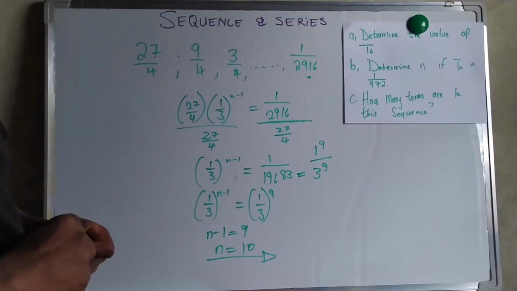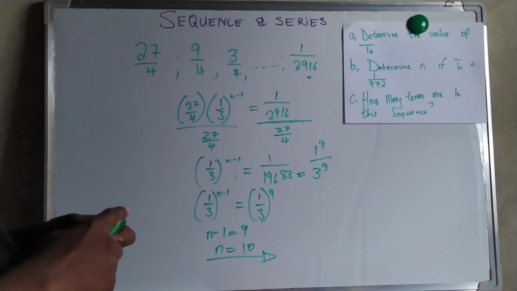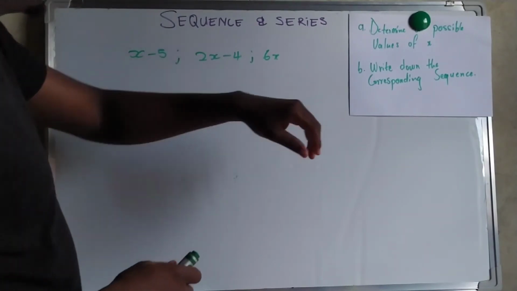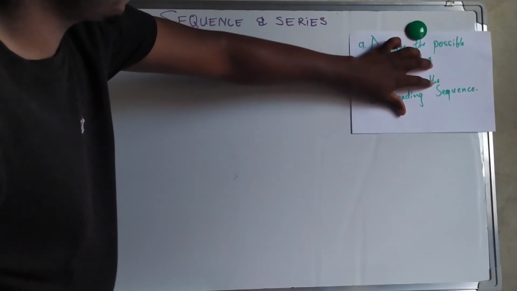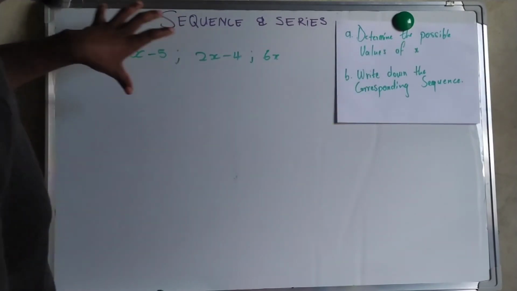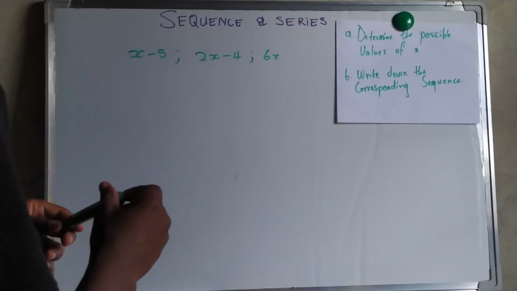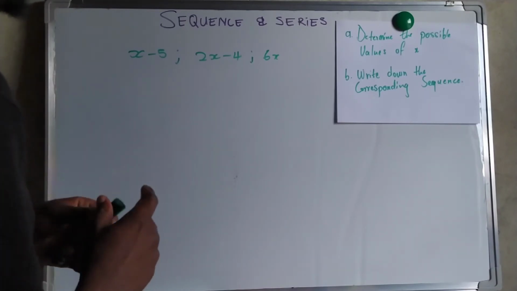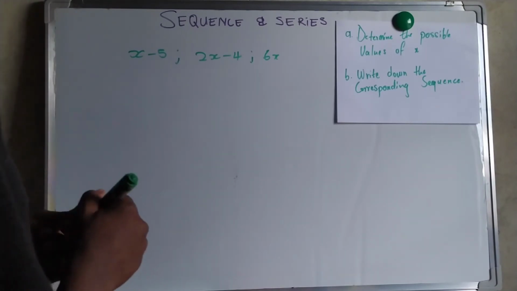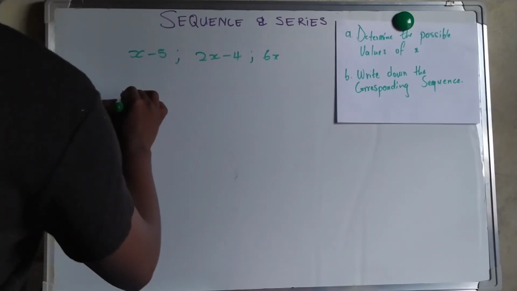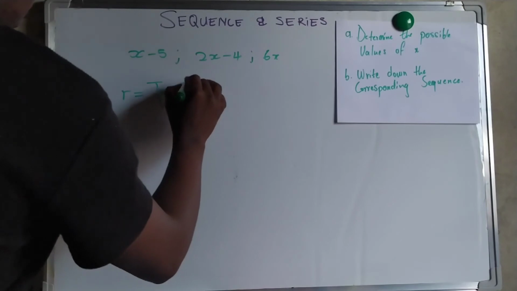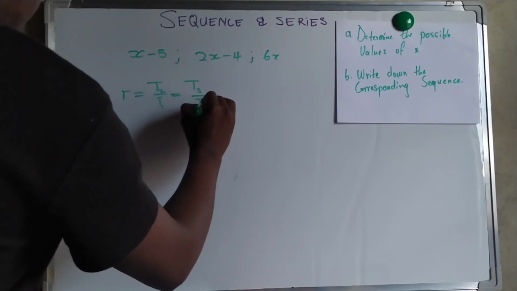Let us have a look at the question whereby we have x. Okay, so this is the third question. And here are the questions for this sequence. So firstly, we need to determine the possible values of x, then write down the corresponding sequence. Okay, so what we're going to do here, we're going to use this unique fact that r is equal to t2 over t1 is equal to t3 over t2.